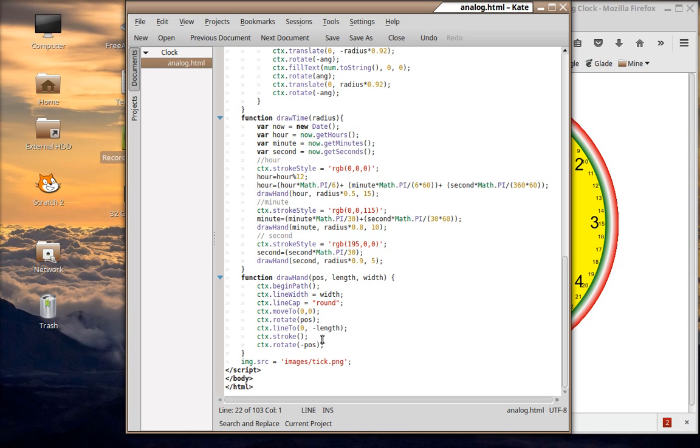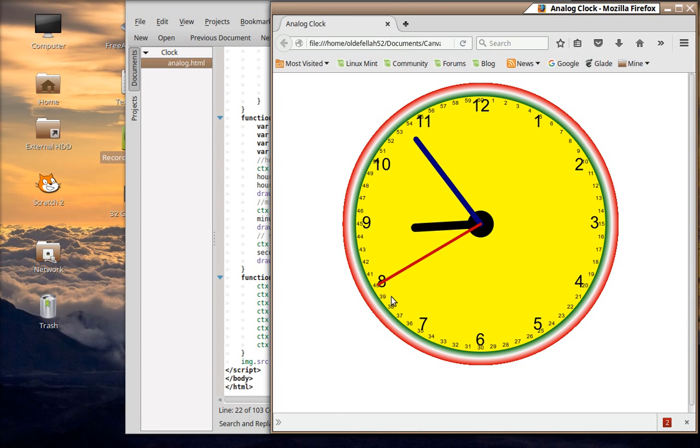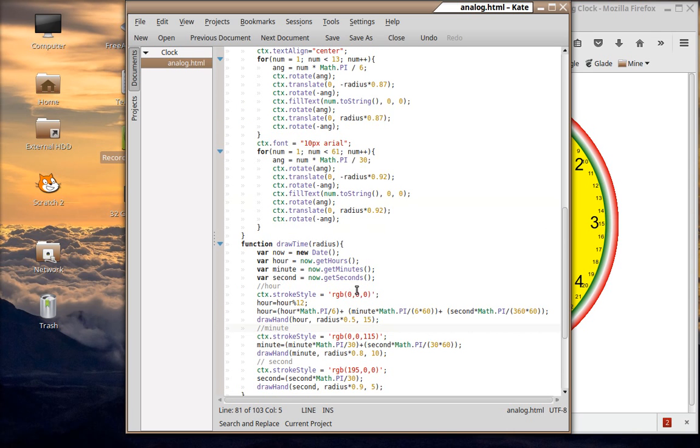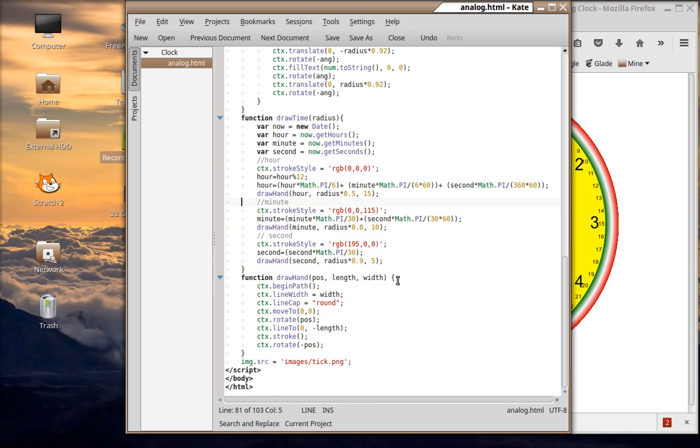And so that's how you get these three things doing their thing based on those calculations, those three that go to this function and then do the drawing. And that's how it works. So that's the first part. That's the analog clock.